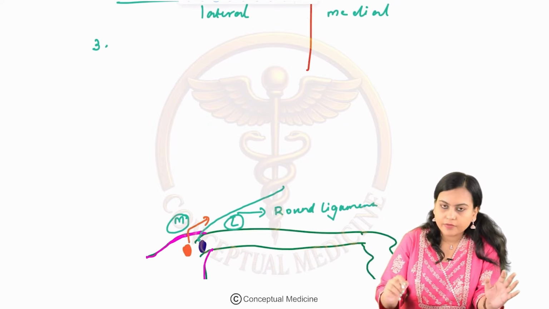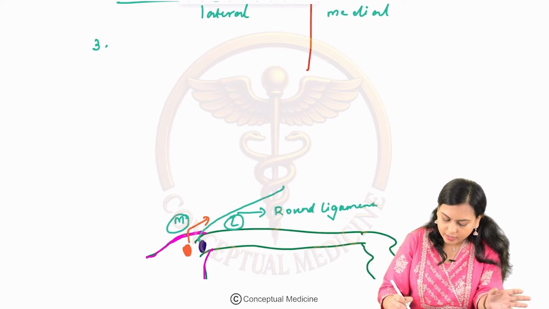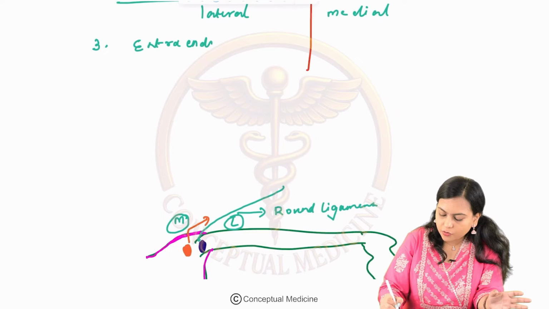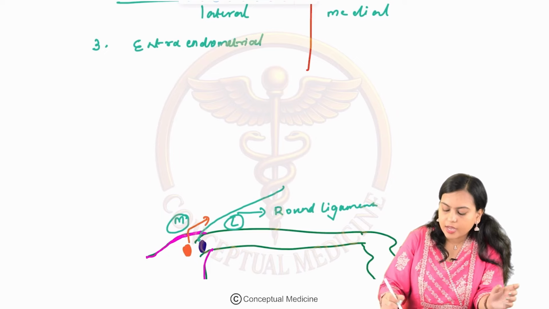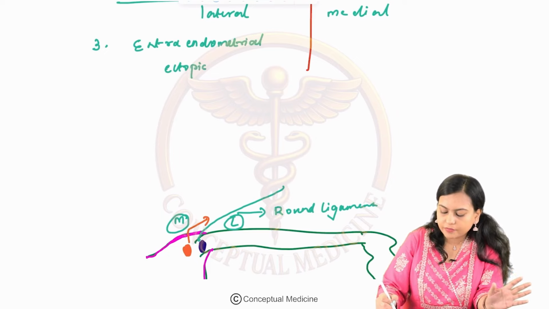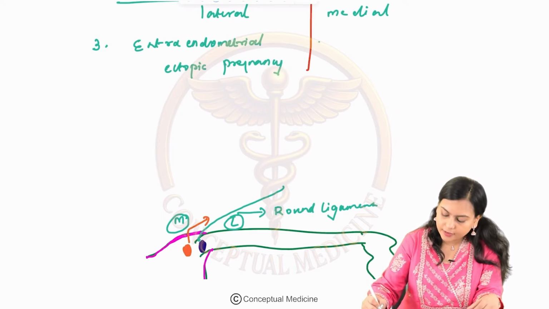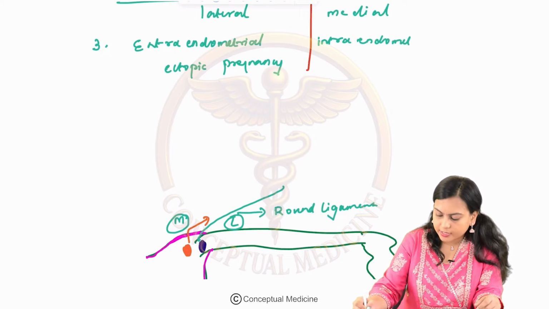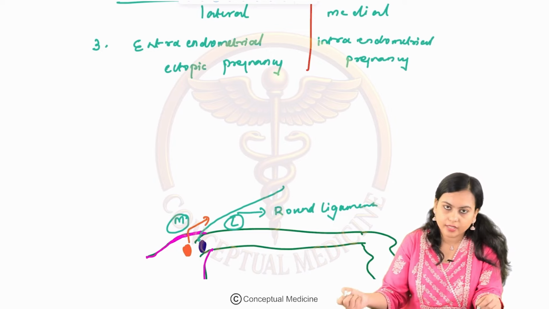And we already know that this is an extra-endometrial ectopic pregnancy, whereas an angular pregnancy is an intra-endometrial pregnancy, but it is not an ectopic. Clear?